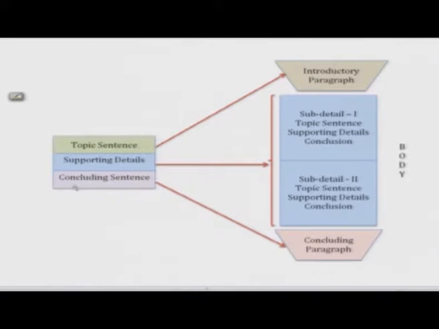So, a paragraph typically has a topic sentence, which includes the main idea of the paragraph, and the rest of the paragraph includes supporting details. Sometimes you may also find a concluding sentence if it is a standalone paragraph.